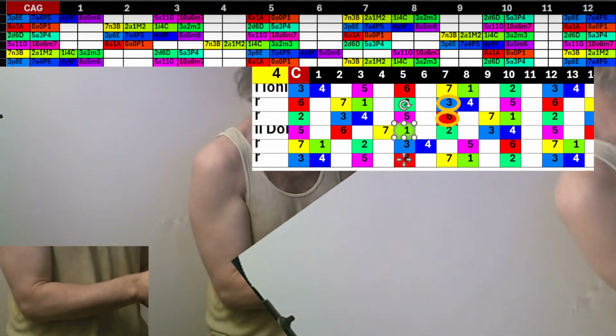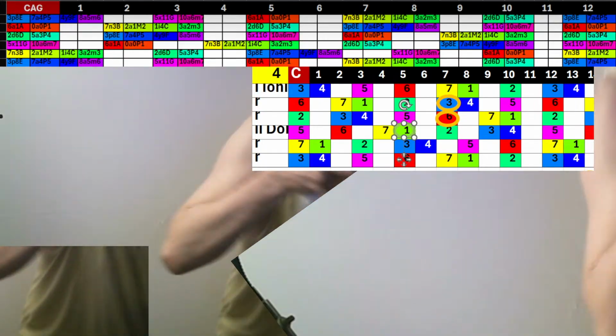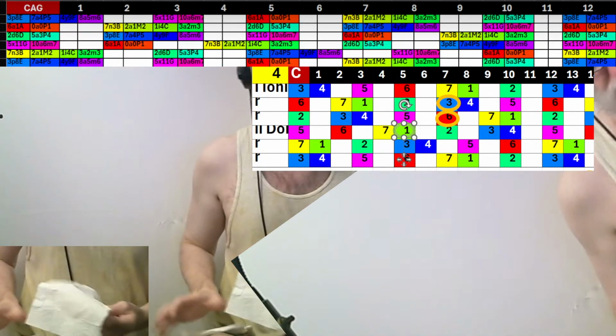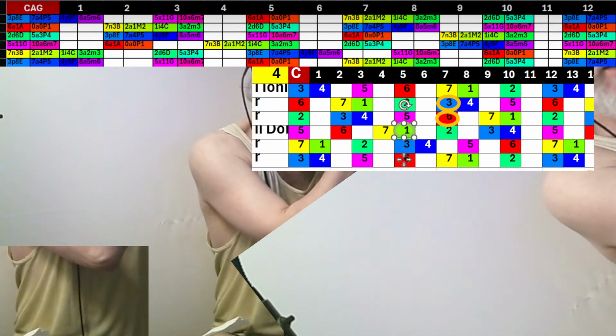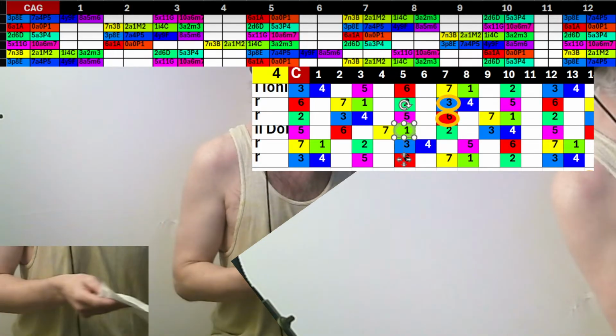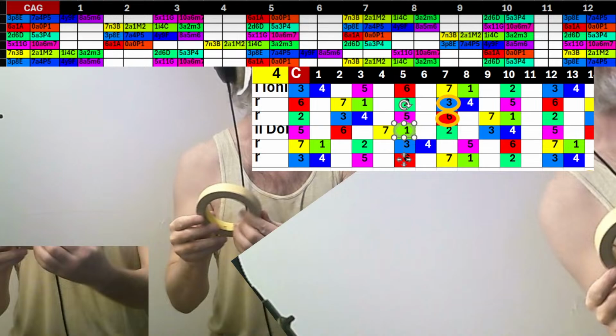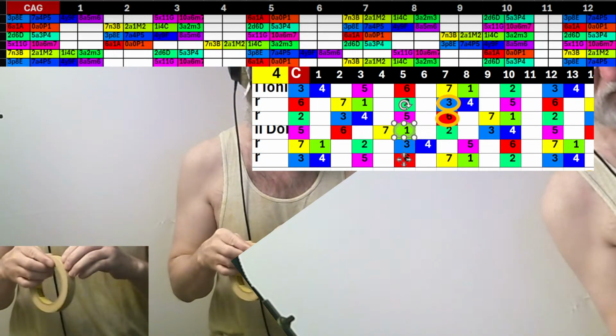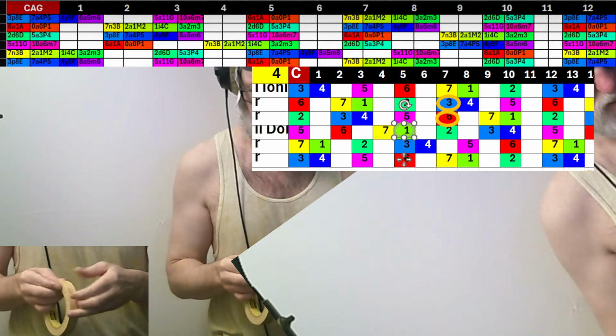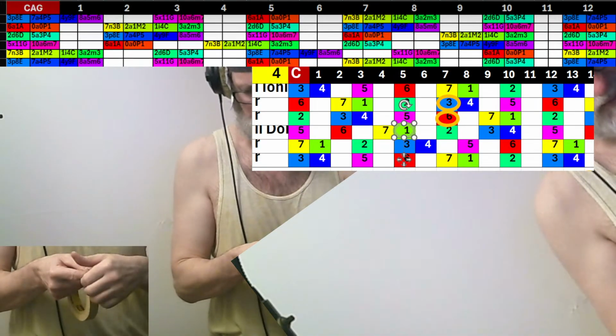Put some masking tape on it. That'll be better. Masking tape, good, because it rips a little bit so it doesn't get too tight.